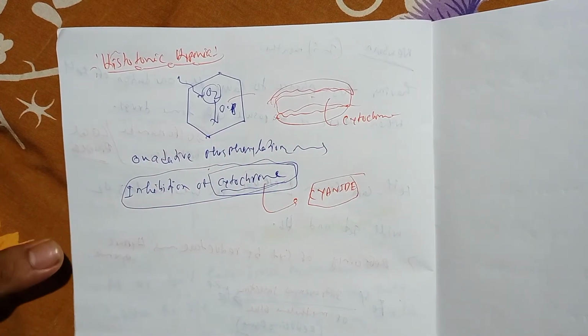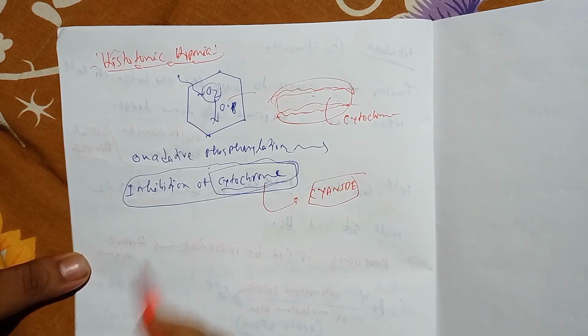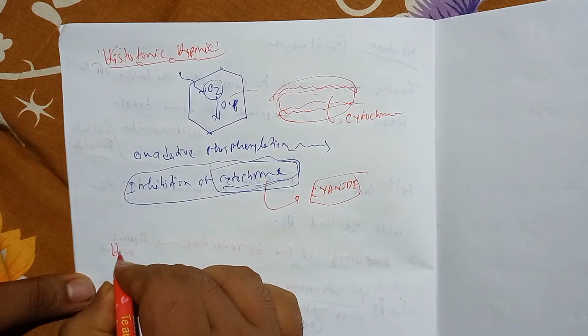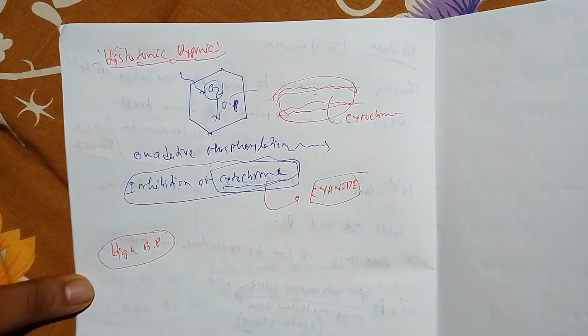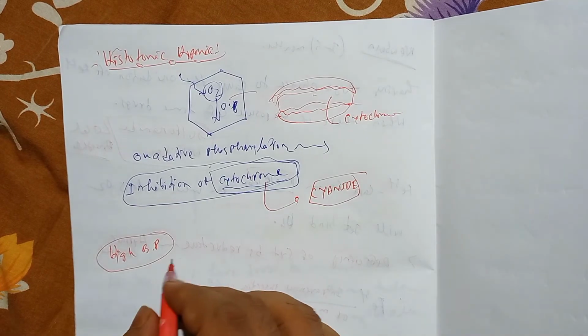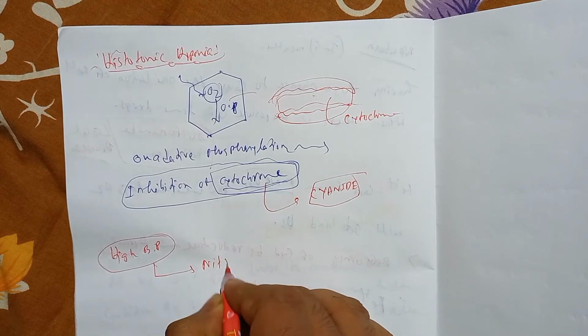Now what can you see here? Suppose some individual is having high BP, high blood pressure, in an emergency condition. What do we give? We give a drug that is very familiar, nitroprusside, right?